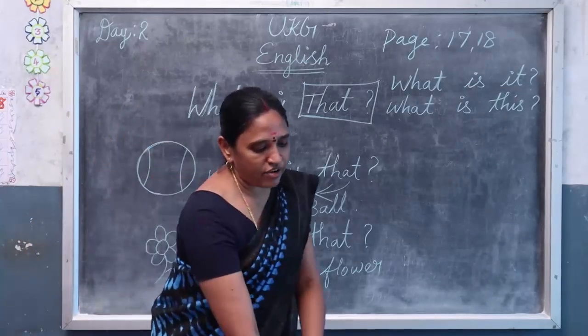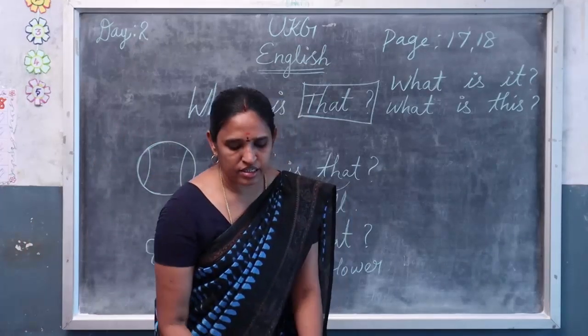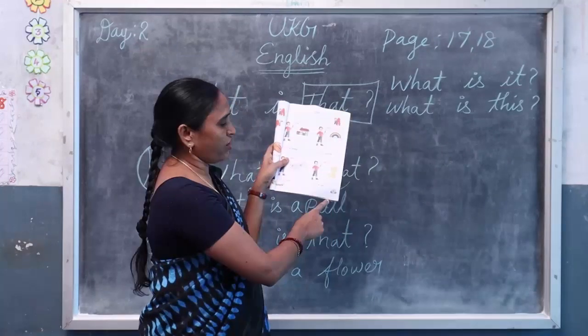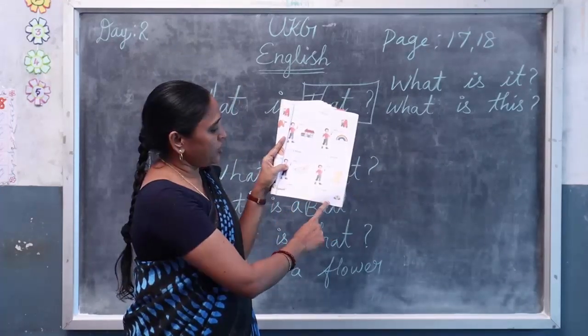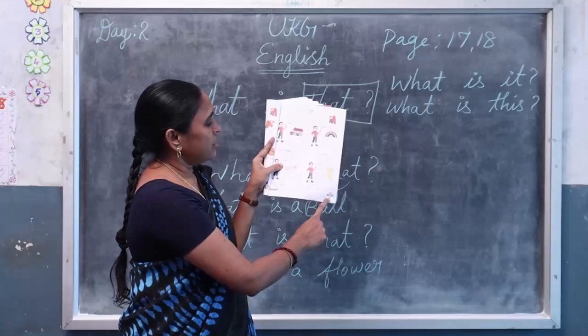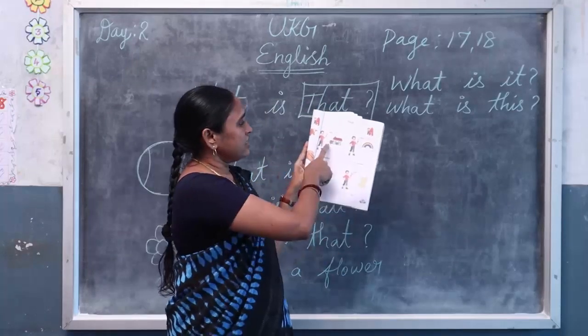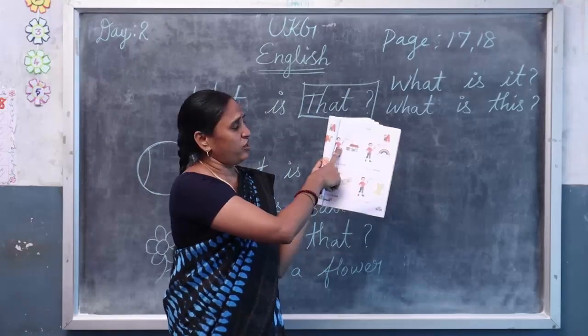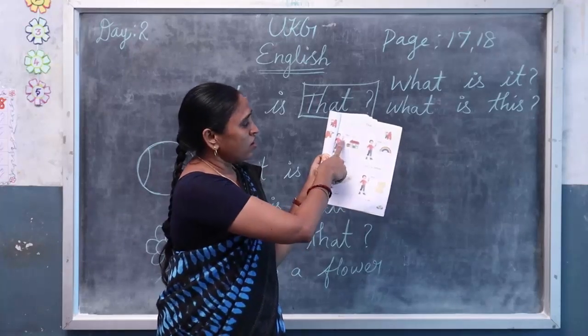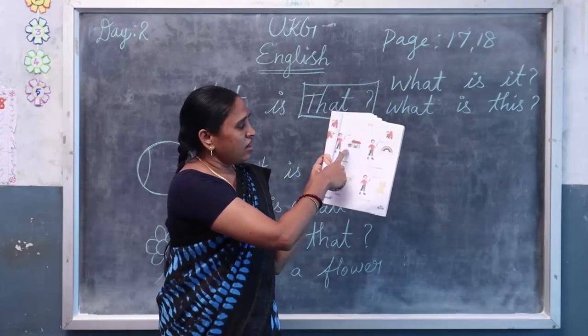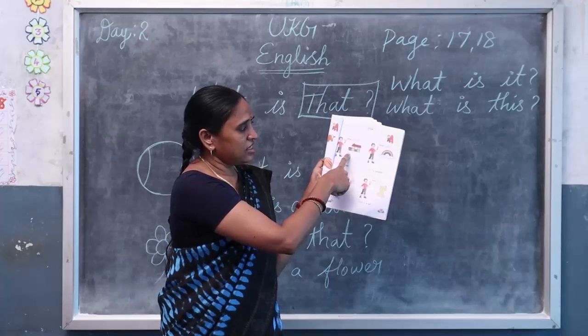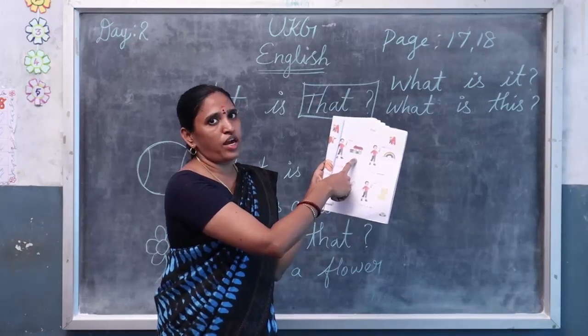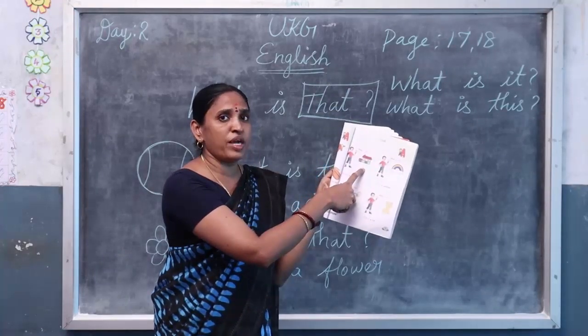Okay, take your book, page number 17. Use your index finger. The first picture. The boy is asking, what is that? The picture is a house. You start with your answer to me.